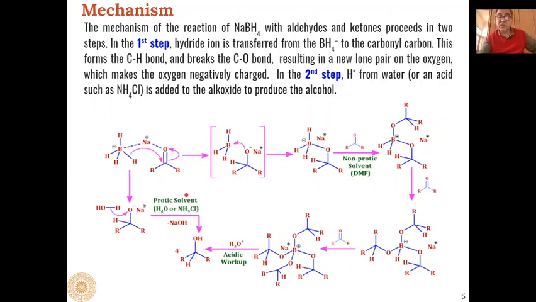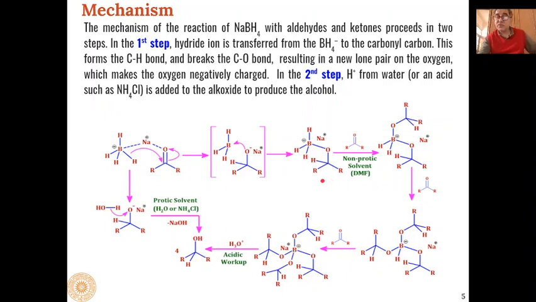But if a protic solvent is not there, then after the shifting of the hydrogen, the oxygen has a negative charge and is attached to the sodium ion. This will attack the BH3 formed during the reaction, and a boronic complex will be formed.